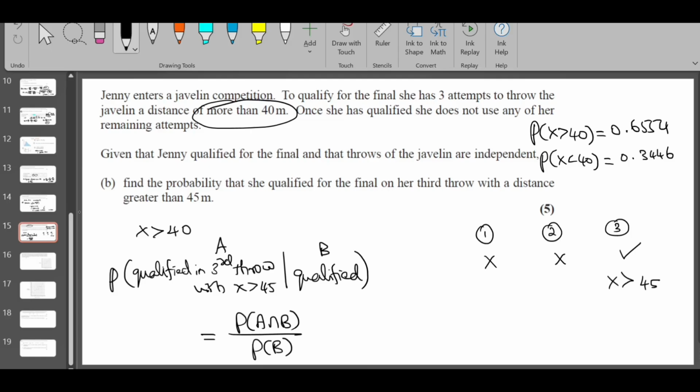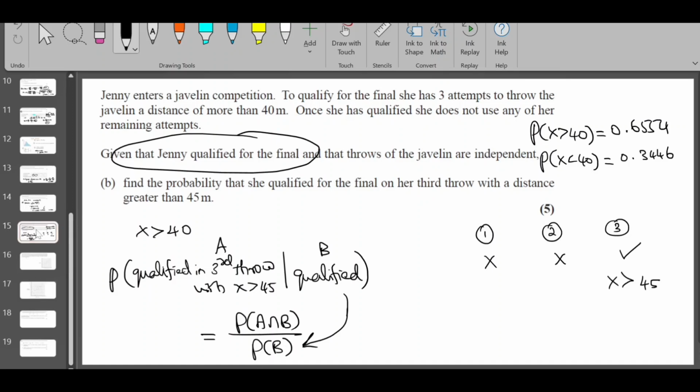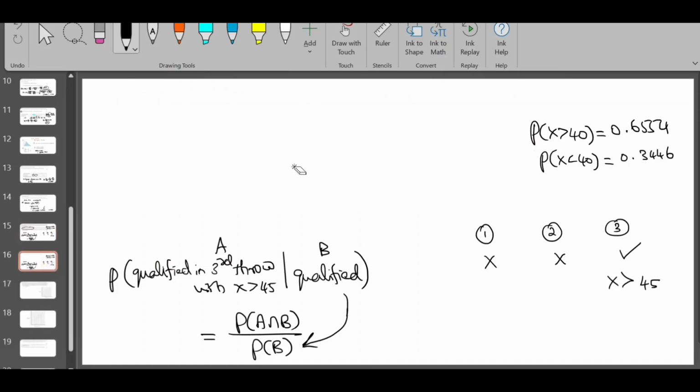Now look at the denominator, P of B, that means P of qualified. Just qualified, not in the 3rd throw. That's a condition, given that Jenny is qualified for the final. Qualified means she has thrown the javelin more than 40 maybe in the first throw, 2nd throw or 3rd throw. So listen to me carefully.